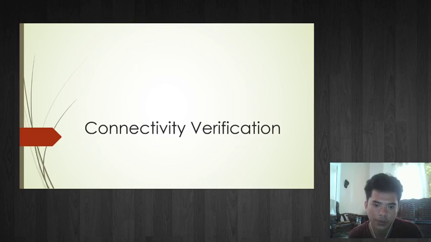ICMPv6 includes four new protocols as part of the Neighbor Discovery Protocol. First is messaging between an IPv6 router and an IPv6 device: router solicitation RS message or router advertisement RA message. Then messaging between IPv6 devices: neighbor solicitation NS or neighbor advertisement NA.